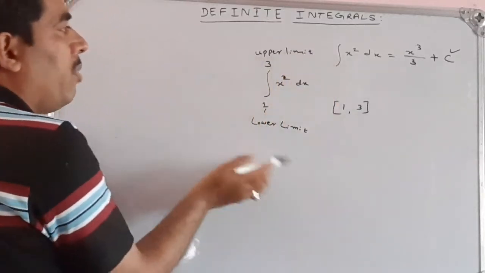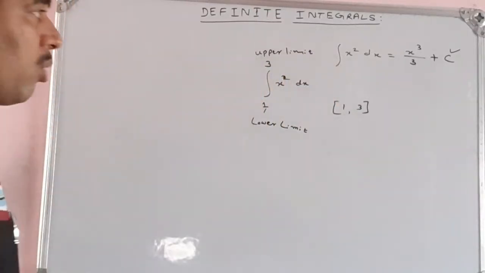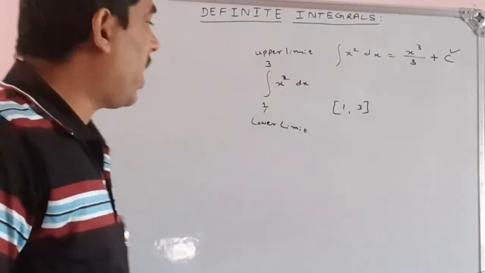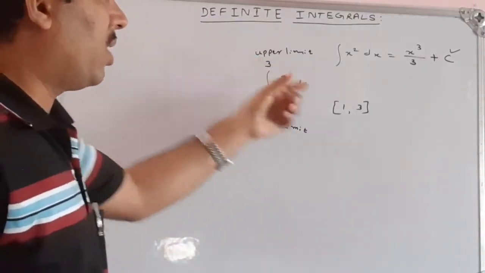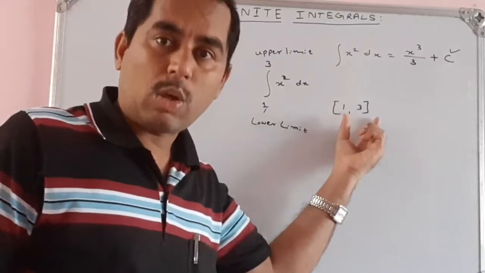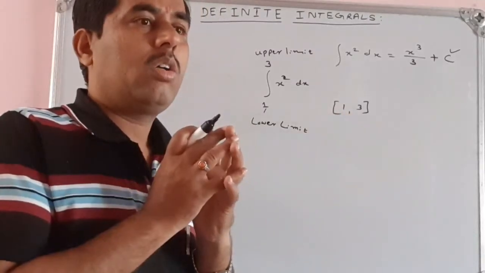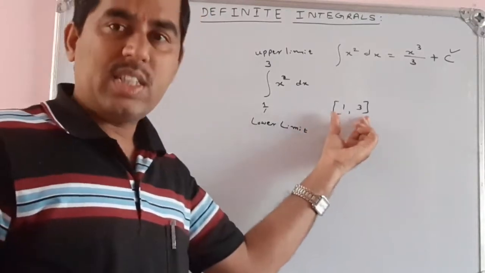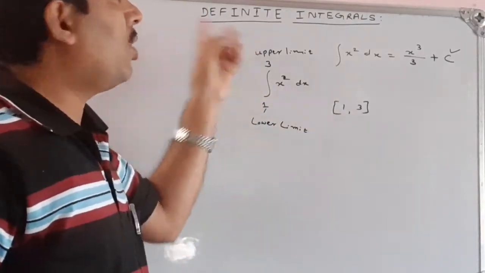We have to calculate the value of this integral. The lower limit and upper limit give the closed interval, and our function must be well defined and continuous in this interval. Then only can we talk about definite integrals.